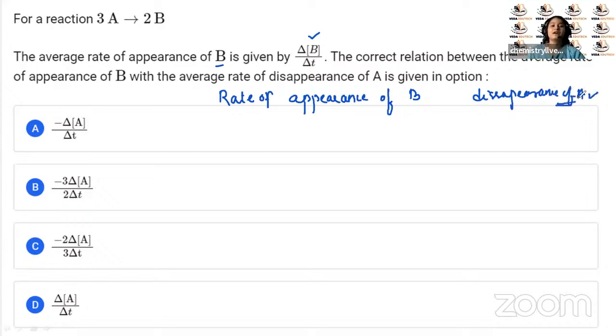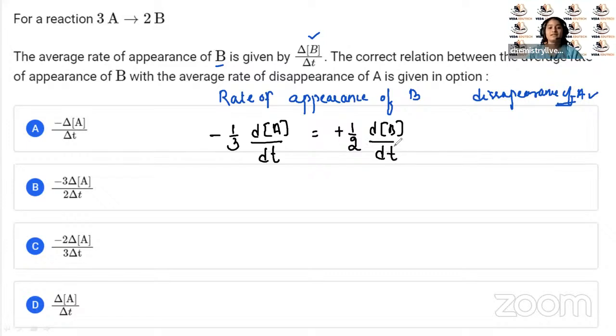Okay, so let us see. This is a reaction given to us. If we write the rate of reaction, how do we write? Minus 1 by 3 d of A by dt is equal to plus 1 by 2 d of B by dt. Yes or no?